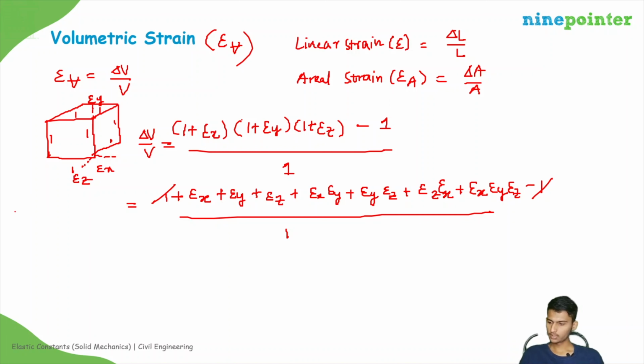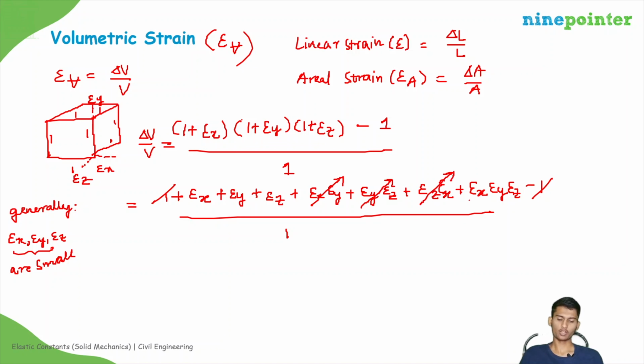See, generally in civil engineering structures which we consider, epsilon x, epsilon y, epsilon z are small. So we can neglect epsilon x into epsilon y, epsilon y into epsilon z, epsilon z into epsilon x, and the triple product. These can be neglected, assuming them to be 0. So we get epsilon x plus epsilon y plus epsilon z.